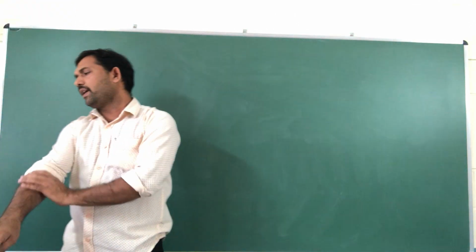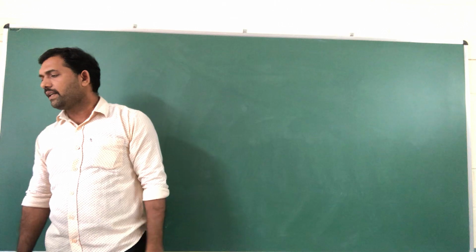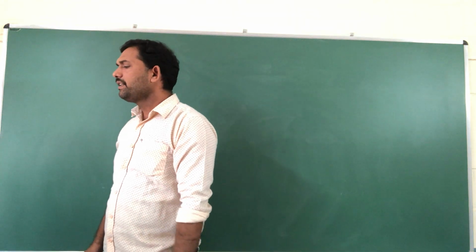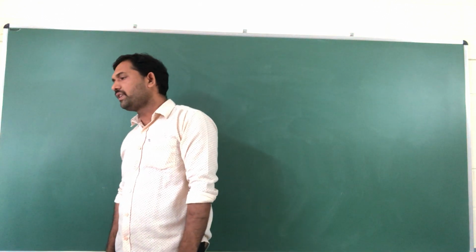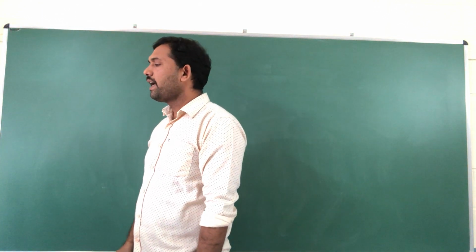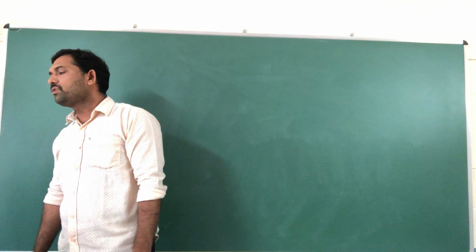See question number 41. What is given? If n is not a multiple of 3 and omega is an imaginary cube root of unity.